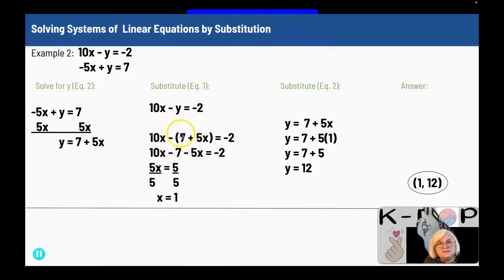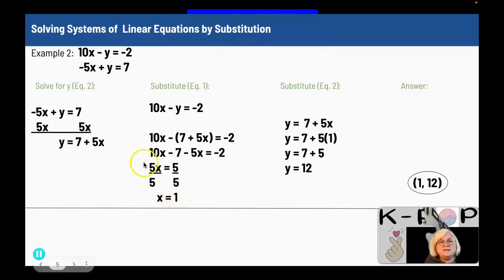I distribute out this negative sign, then I have 10x minus 7 minus 5x equals negative 2. 10x and minus 5x gives me a positive 5x. And if I move the negative 7 to the other side, I would be adding 7. Negative 2 plus 7 is positive 5. So I have to divide both sides by 5 to get the x alone, so x is equal to 1.